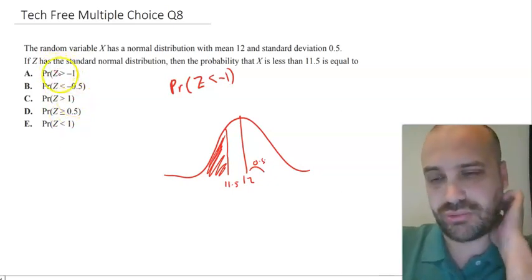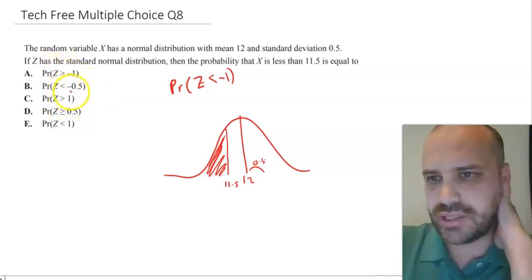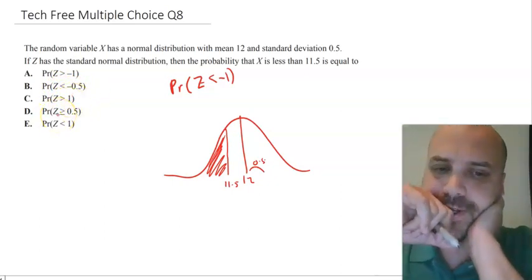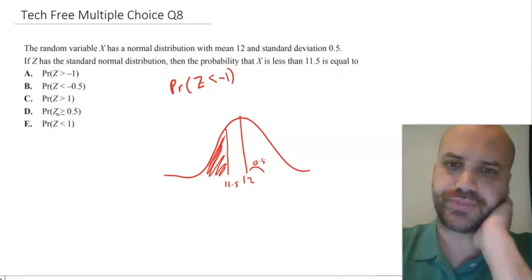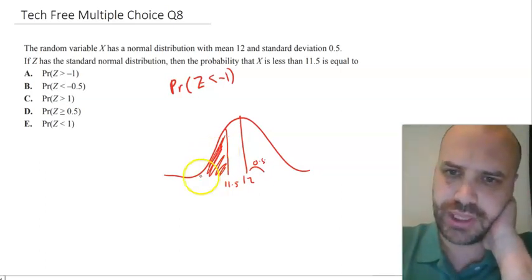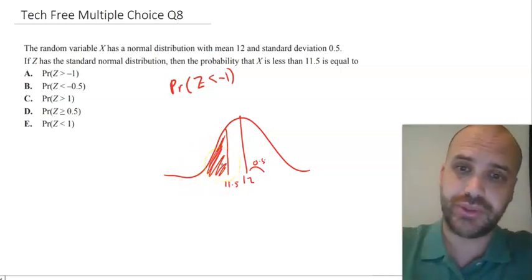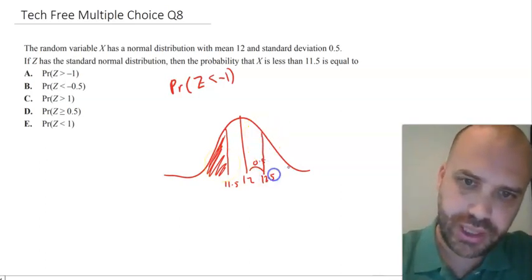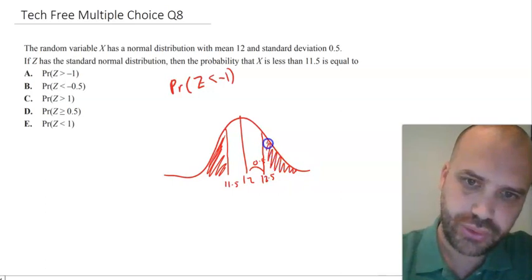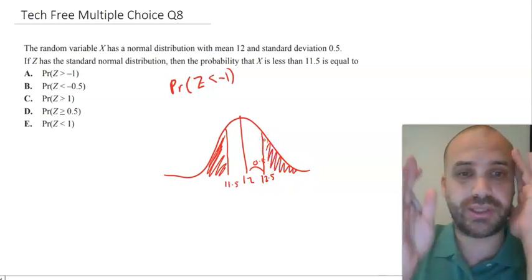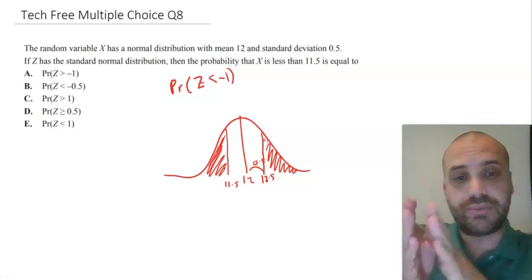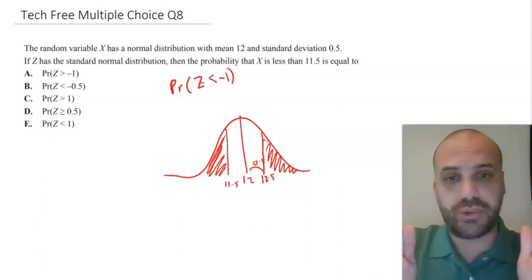I've got Z is greater than -1, less than this, greater than 1. Okay, so what am I going to do? Well, this probability here is equal to this probability here. The probability that something is less than 11.5 is going to be equal to the probability that something is greater than 12.5.